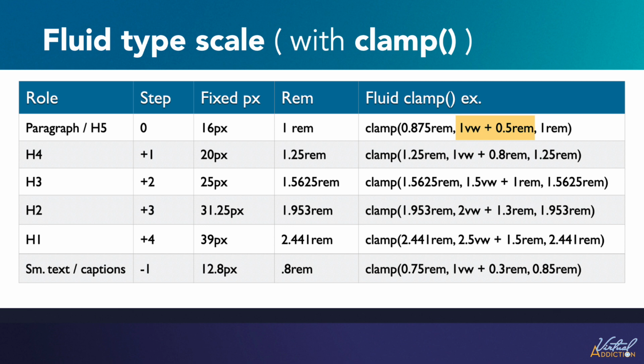When we add 0.5 rems, which is about 8 pixels, this shifts the baseline up so that the font size starts at a reasonable size even on very small screens. 1 rem is the maximum font size, so our font will never exceed this. And if 16 pixels is the root, then that means it will never get bigger than 16 pixels.